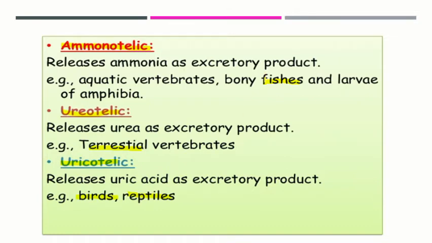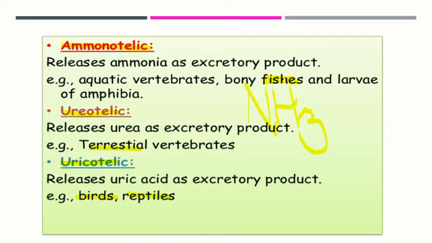When we see the excretory material of the fish, we find that it is basically ammonia, that is NH3. This ammonia is the excretory material, and to excrete ammonia we need an excess amount of water.